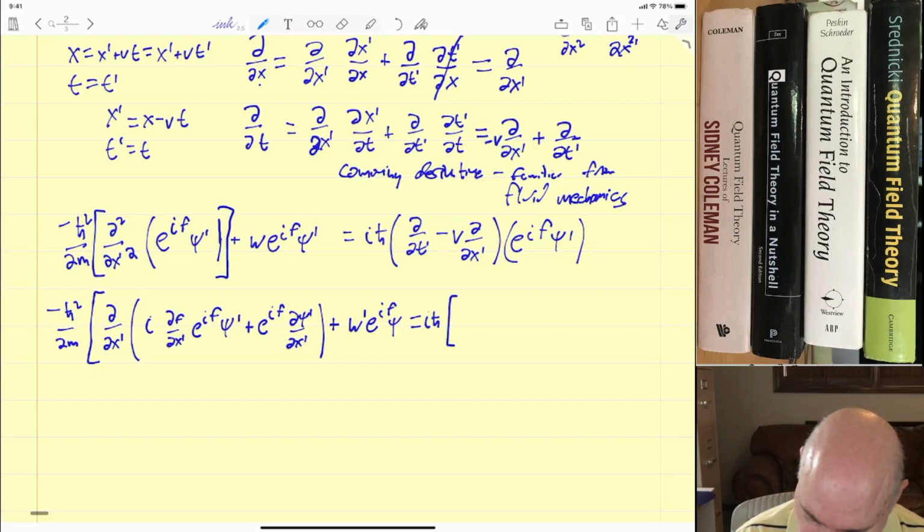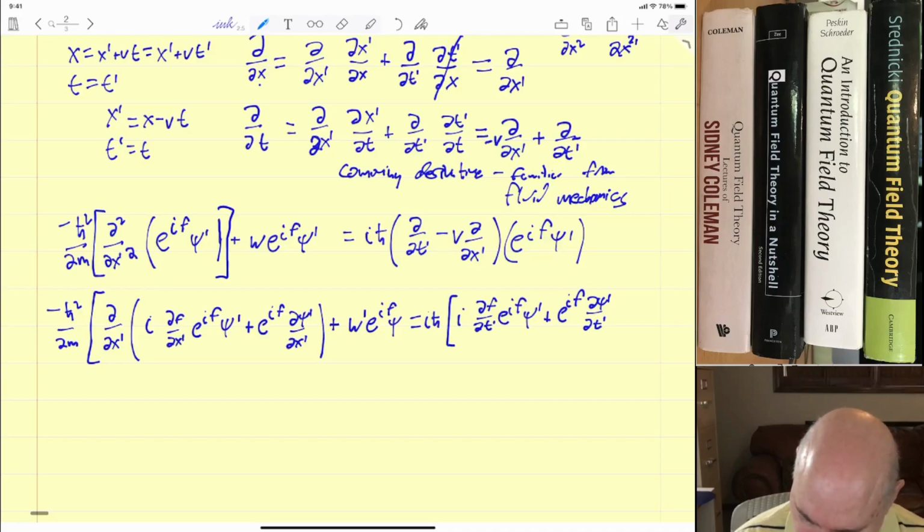It's going to be i partial of f with respect to t prime times e to the i f psi prime, plus e to the i f, the partial of psi prime with respect to t prime.